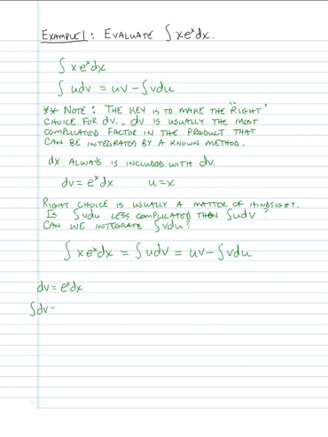If we integrate dv, that gives us v. But of course, if we integrate dv, we've got to integrate e to the x dx. And so from that first choice of dv, this integral tells us that v is equal to, well, of course, the integral of e to the x is just e to the x plus a constant of integration, but we'll wait until the very end to deal with that. So now we know dv, but we also know v, and we need that in the formula.